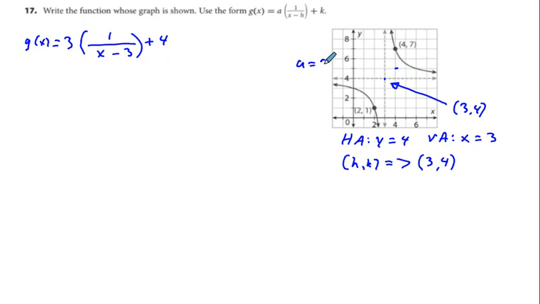A is equal to 3, which goes right over here. And that's going to be our answer, in that basic form.